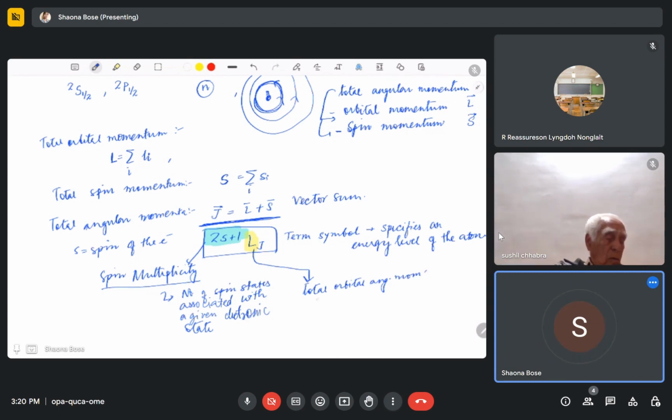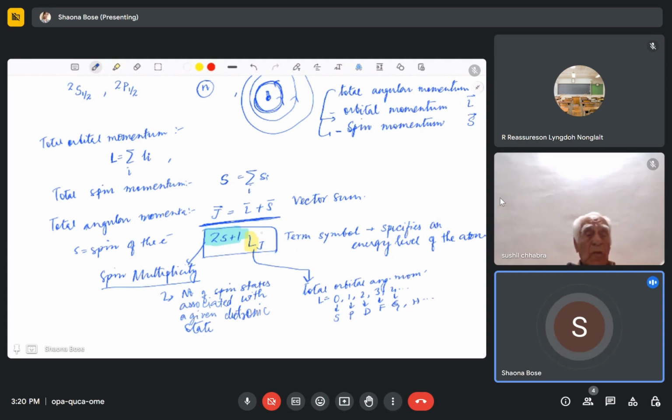L can be 0, 1, 2, 3, 4. These stand for, if it is 0, we have S, 1, P, 2, D, then F, G, H, and so on. You can see that this code almost matches that which is used for atomic orbitals.